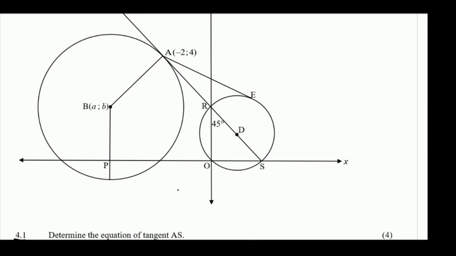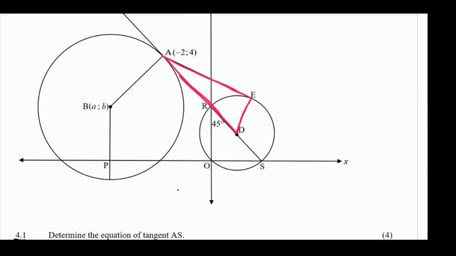We have a tangent that looks like that, the tangent of the smaller circle, and AE is this line that I just drew. I'm going to form a triangle, and it joins there.